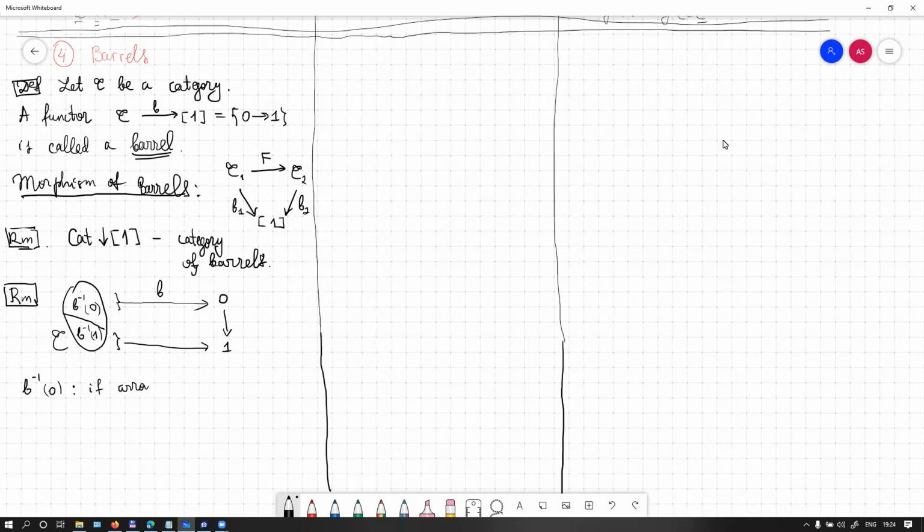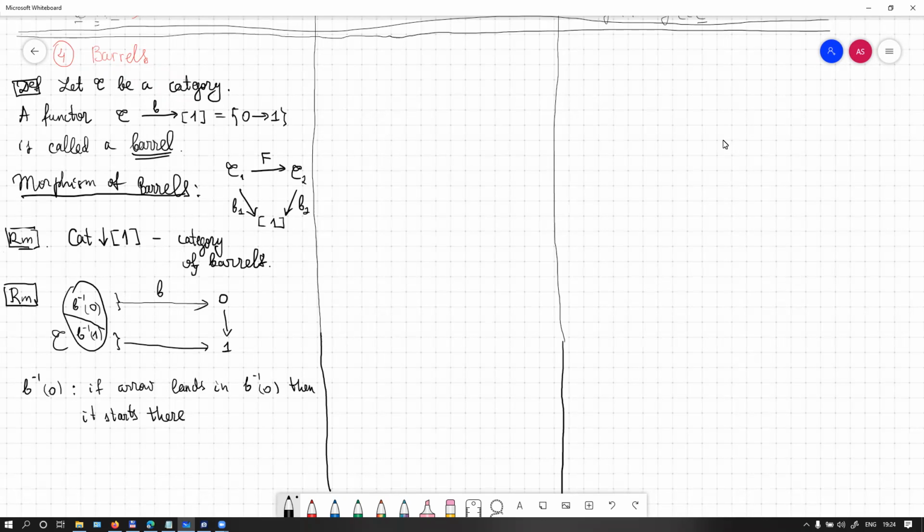If an arrow lands in B minus 1 of 0, then it starts there.